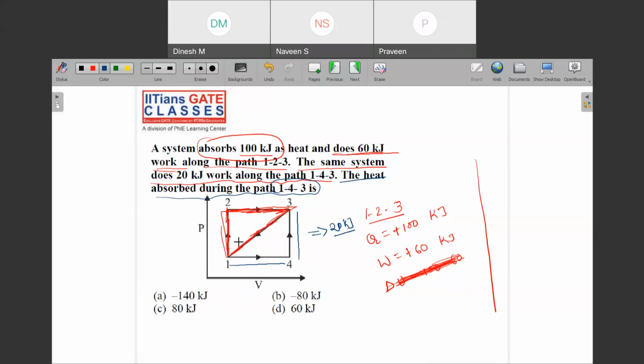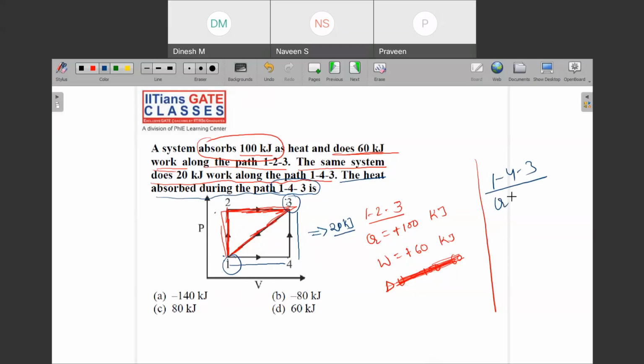See, what I will do is that I know delta Q for 1, 2, 3. So for process 1, 2, 3, if I know U3 minus U1, then I can solve this question also. Why? Because for 1, 4, 3, if I know the difference between U, then I can apply the first law. For 1 4 3, what is given to you is that the same system does 20 kilojoule of work.